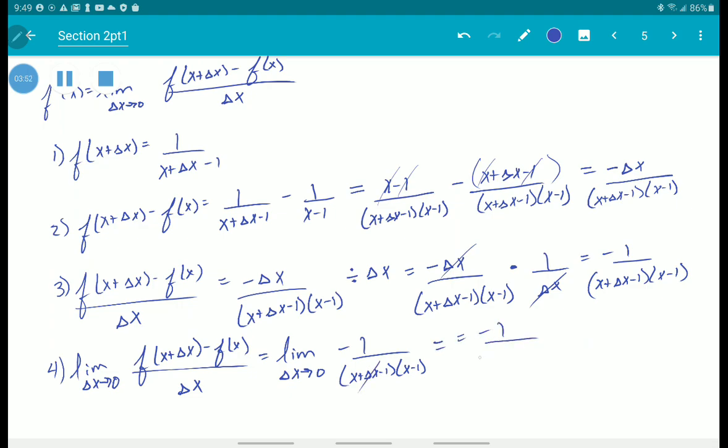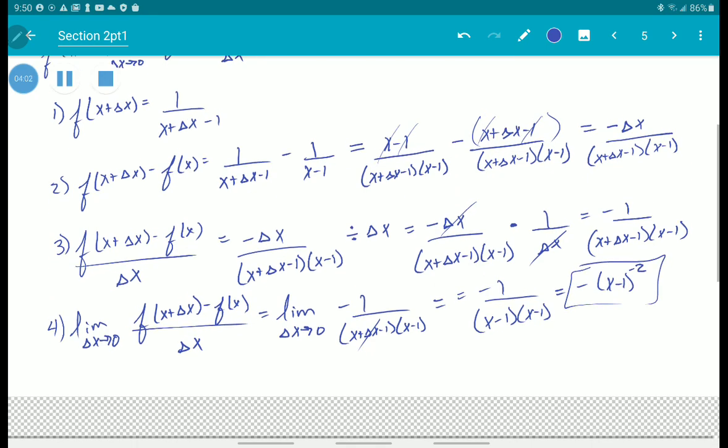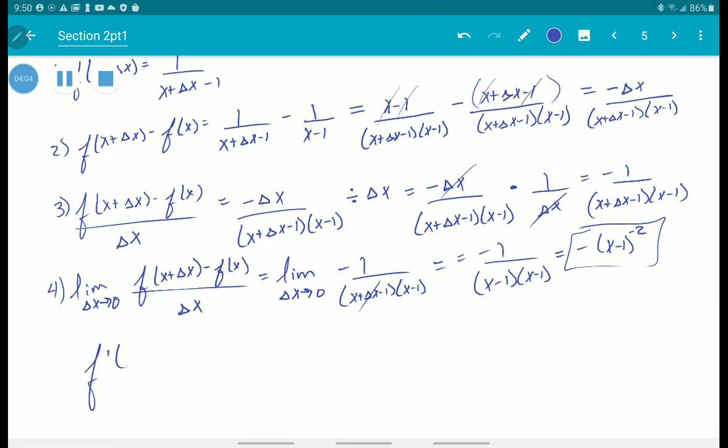So we're going to have this, which is the same thing as this. So there's our derivative. So we would say the derivative of this function is negative x minus 1 to the negative 2. Or if you wanted to, you could write it this way.